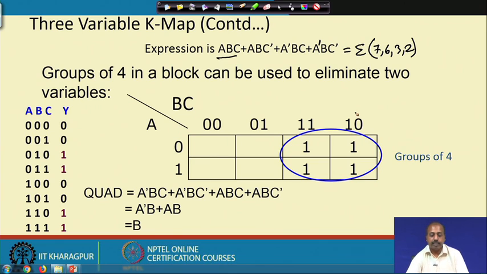What is not changing is the polarity of B. So this whole quad can be written as the variable which is not changing its polarity, that is B. Without doing the algebraic manipulations, we can directly write that the term corresponding to this quad will be B. You just note down the variables which are not changing their polarity.